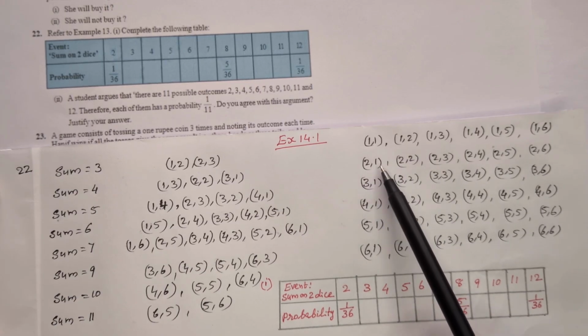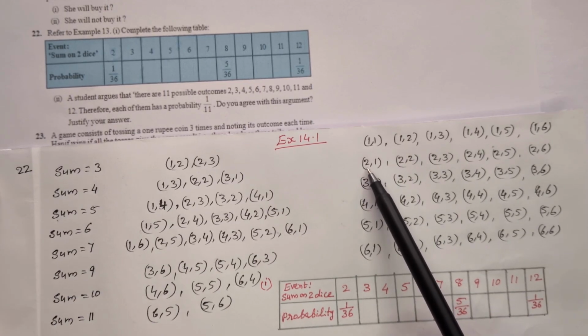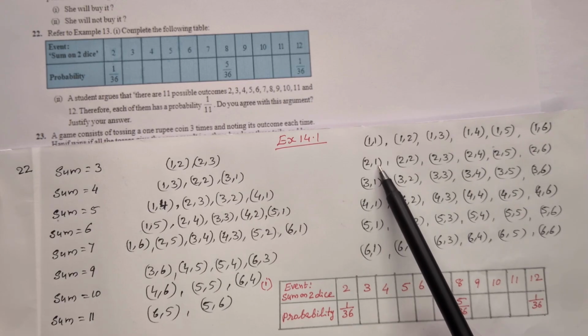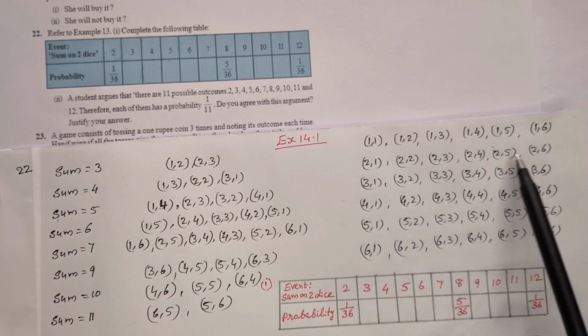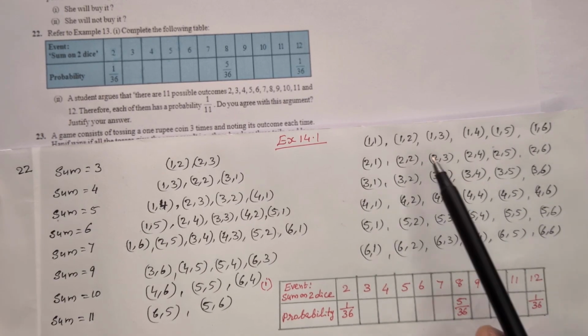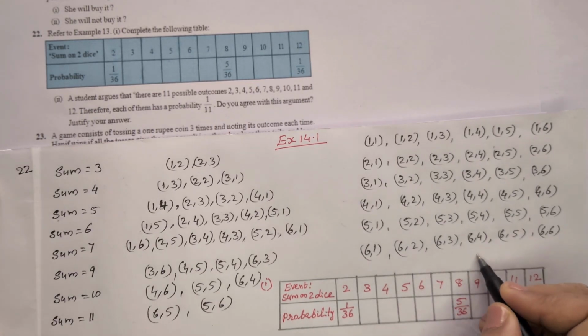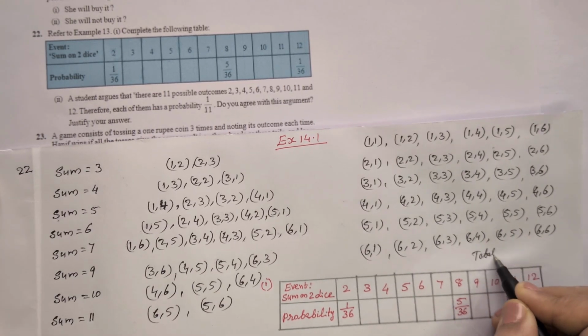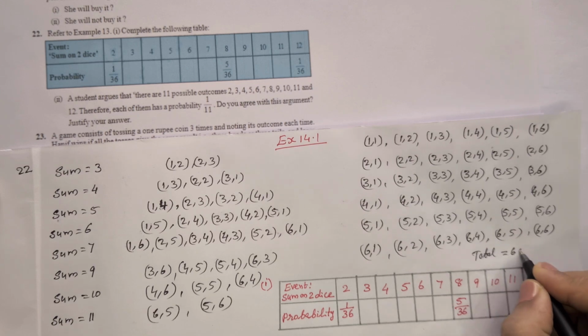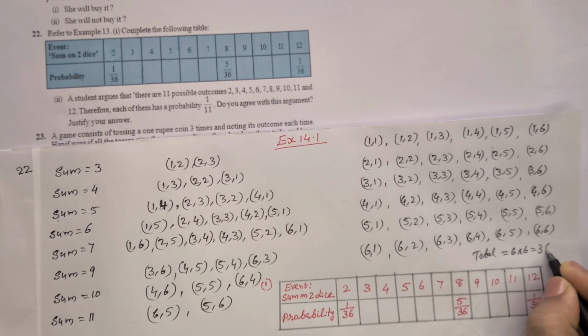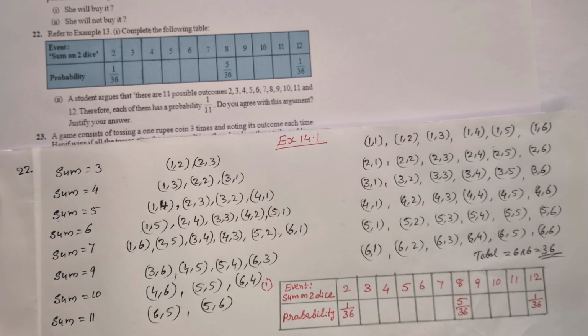Then, the same way, 2,1 means the first die on top is 2 and the second die is 1; 2,2; 2,3 up to 6. Like that, all together 6 into 6, that is 36 outcomes are there.